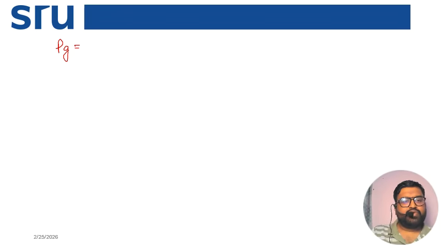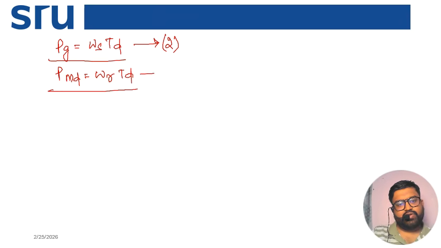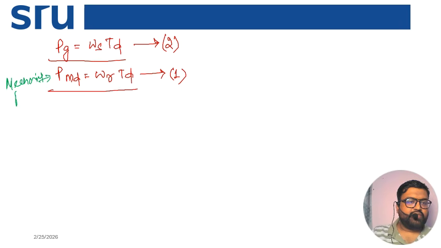Now PG equals omega s into TD. This is your equation two, already discussed. Then another equation is PMD equals omega r into TD. This is your equation one. This is the mechanical power and this is the air gap power.